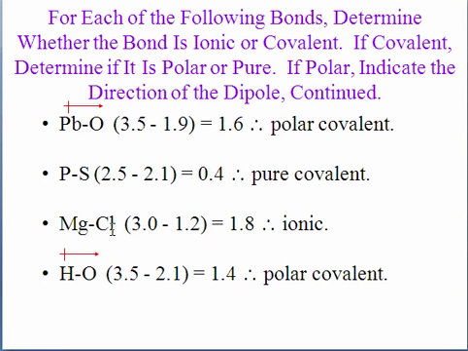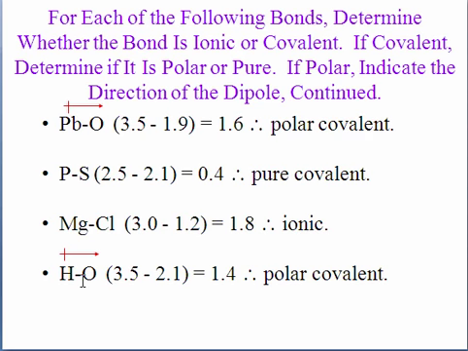Here we have magnesium and chlorine far apart from one another on the periodic table. When we subtract the electronegativity of magnesium from that of chlorine, we get 1.8, which it says here ionic. That's not quite 2, so it really would be in the polar covalent region.